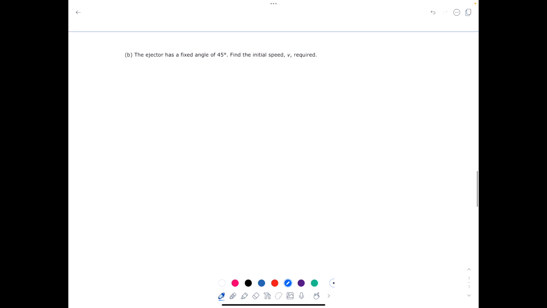For part B of the problem, the ejector has a fixed angle of 45 degrees. Find the initial speed v required. So let's check it out. If theta is 45 degrees, we would have 16 equal to v cosine theta times t, same kind of problem, but we have the angle.